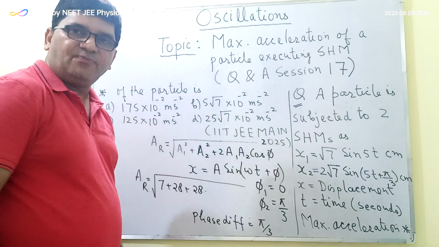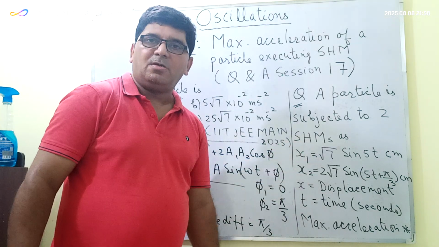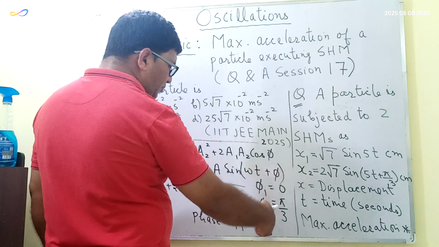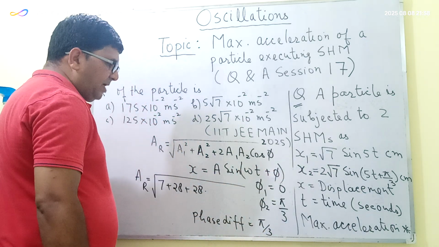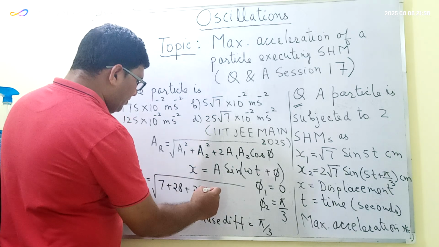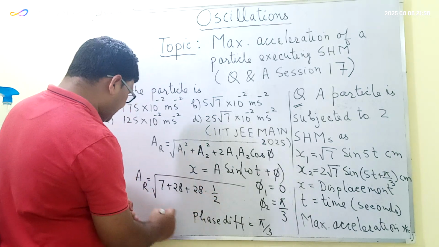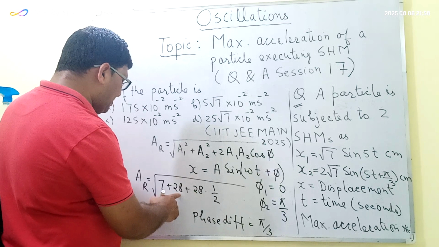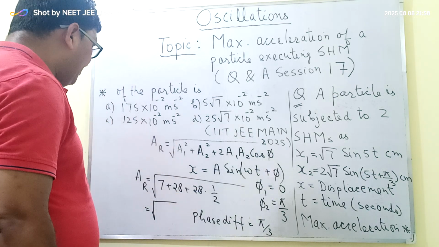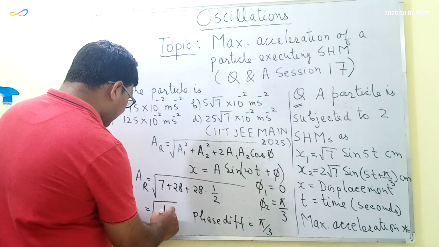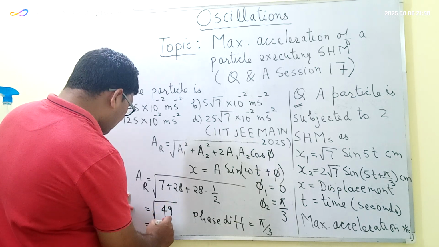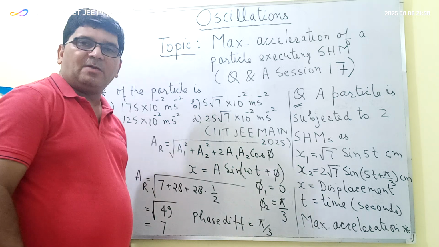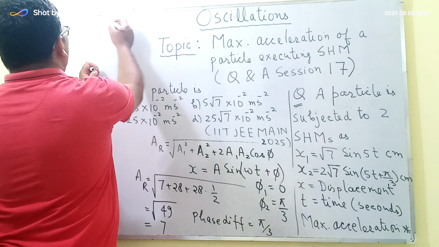Here phi is the phase difference between these two simple harmonic motions, which is pi by 3, so cos pi by 3 will be equal to cos 60, which is equal to 1 by 2. So this is equal to 14. So 7 plus 28 is equal to 35, 35 plus 14 is equal to 49. So the amplitude of the resultant simple harmonic motion is equal to 7.